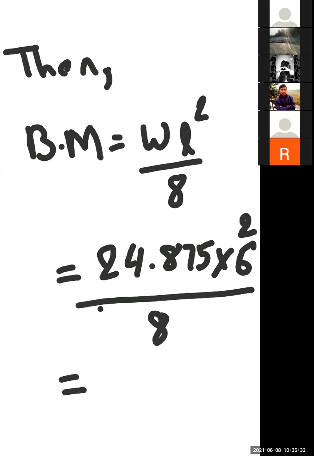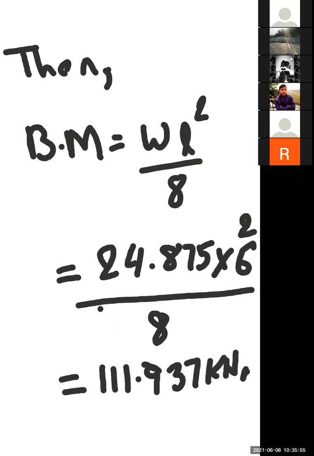Then tell me what we get after solving this. 111.937, right? Kilonewton meter.